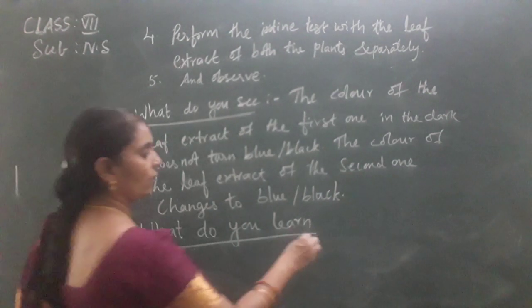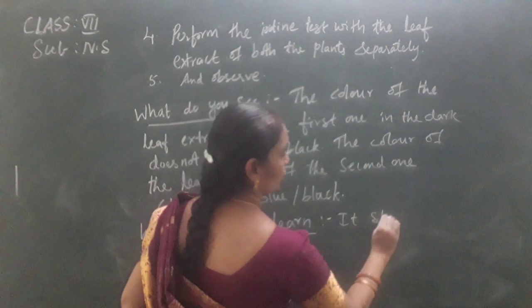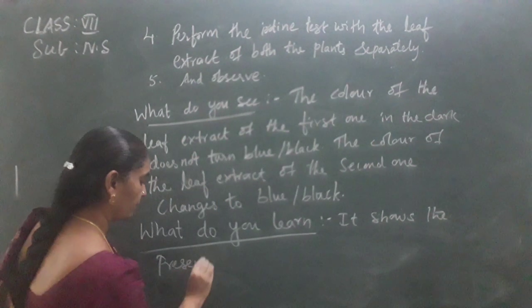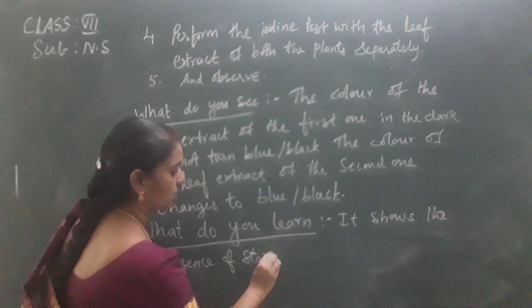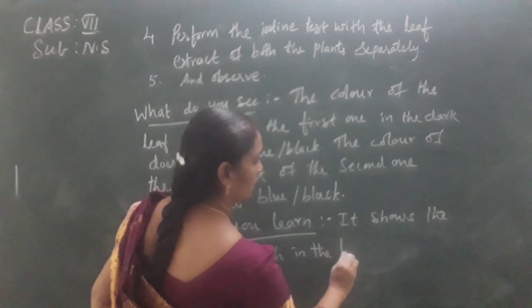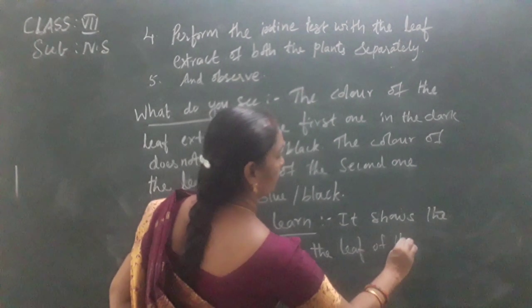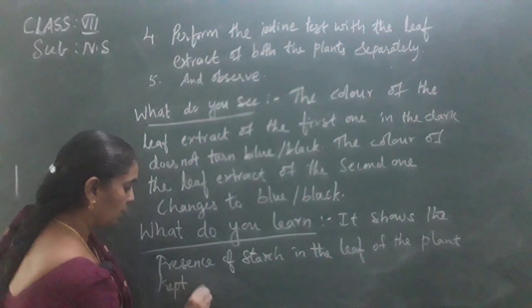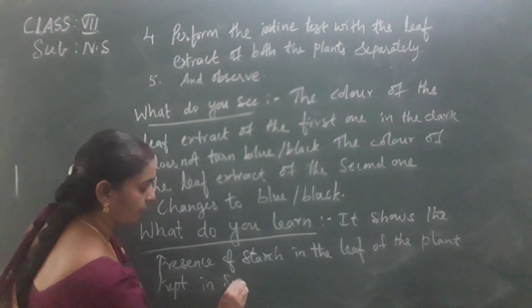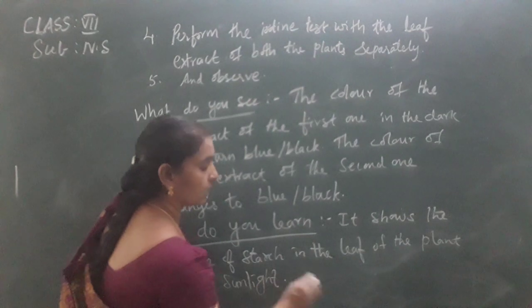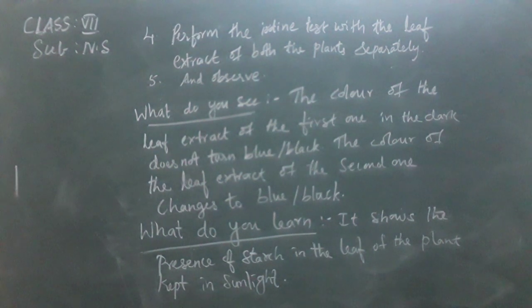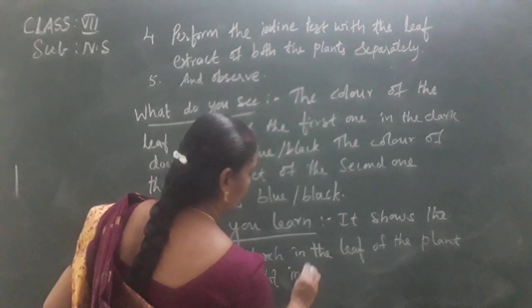It shows the presence of starch in the leaf of the plant kept in sunlight. Sunlight is essential for photosynthesis, that means it takes part in photosynthesis.